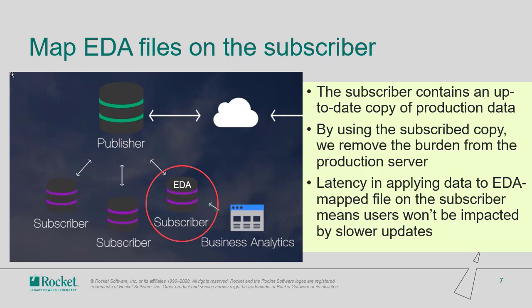So now we've removed the burden from the production server, all the burden of updating the EDA file and swapping those multi-values for separate rows in tables. All that will be happening for you automatically. And the latency in applying the data to the EDA map files won't really matter. It's not going to impact your production users because it's tucked away onto a subscriber.